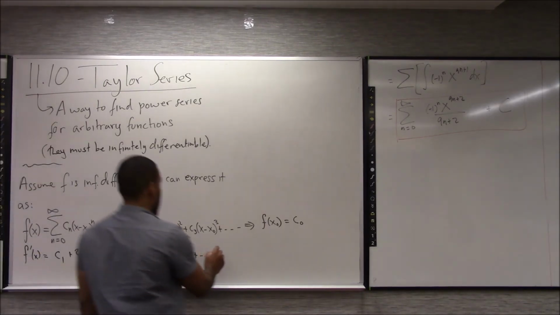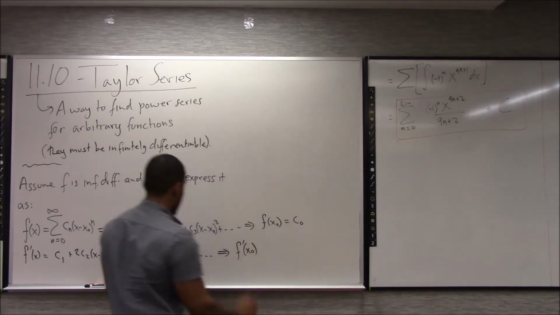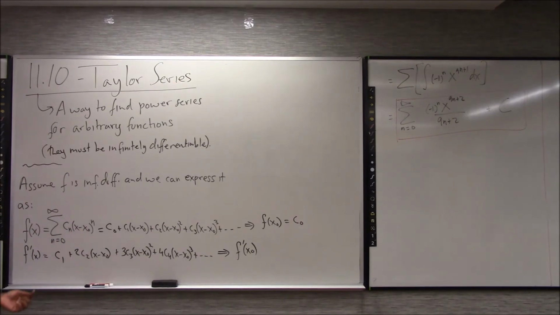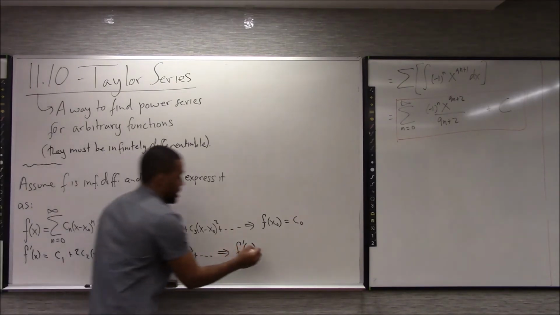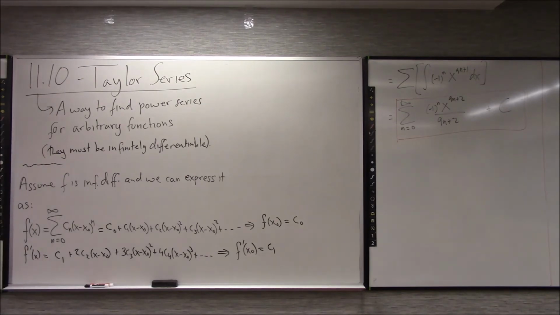And so now what you realize is that if I evaluate the derivative at the center point, I can kill everyone else except this guy. That just gives me c1. So I can write the coefficients of the series, at least for the original function and its derivative, as that. Let's see if this pattern continues.